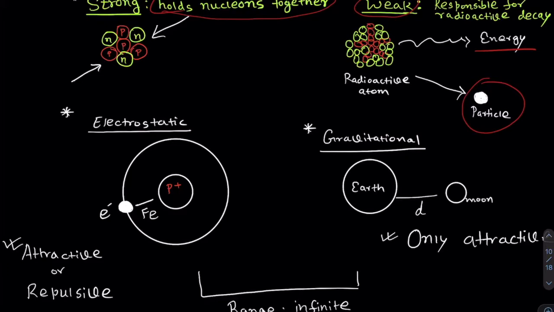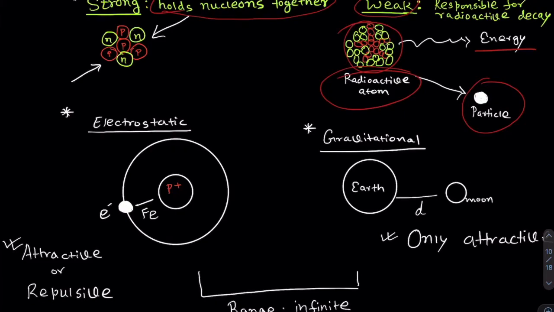Sometimes it just releases radiation in the case of gamma ray decay. So there is a radioactive atom, there are positive charges in the nucleus, and the neutron, the chargeless type of thing. When it goes through the decay process, you will get some energy in the form of radiation, or you can get energy in the form of a particle. And this is very important.